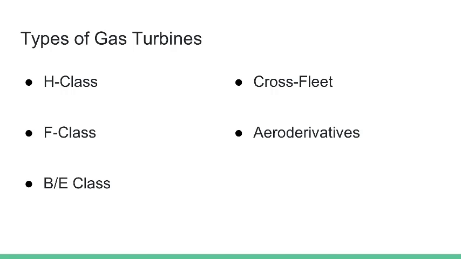Ironically, lesser output means more efficiency and more compact. So H-class are usually less efficient, and aeroderivatives and cross-fleets are mostly efficient.